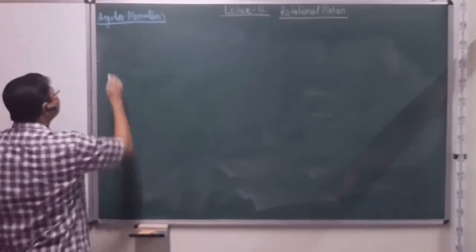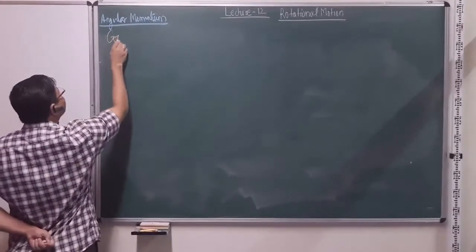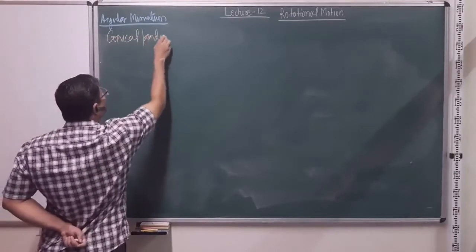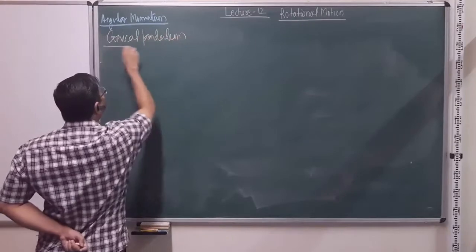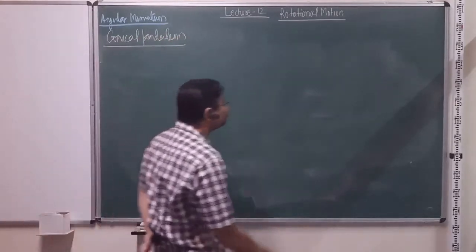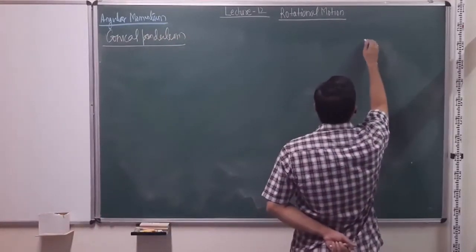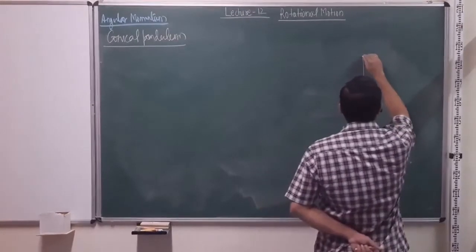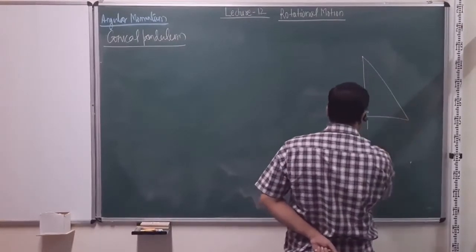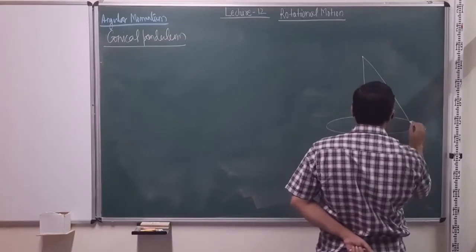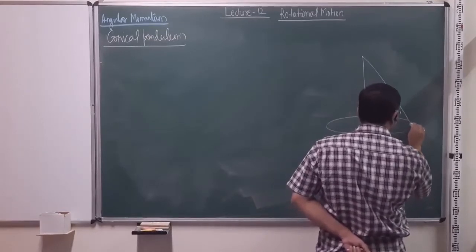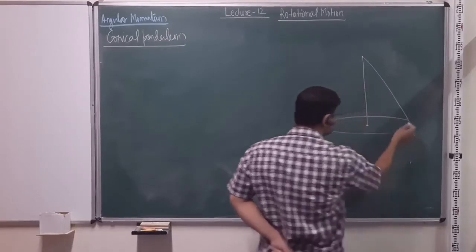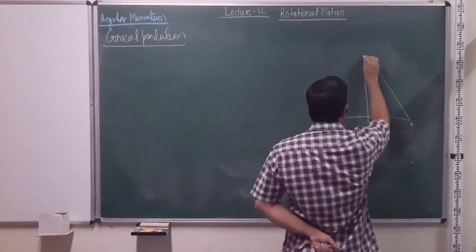We'll take the example of the conical pendulum. Let's draw our conical pendulum. Let's say at any given instant, here is my bob, which is making a circle.